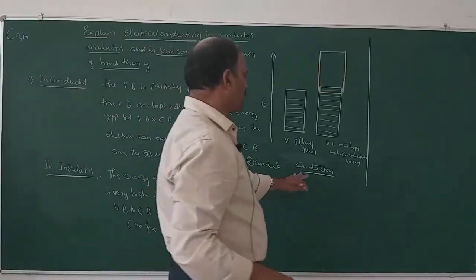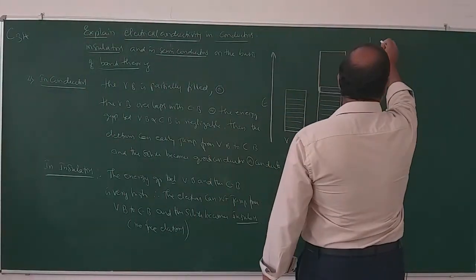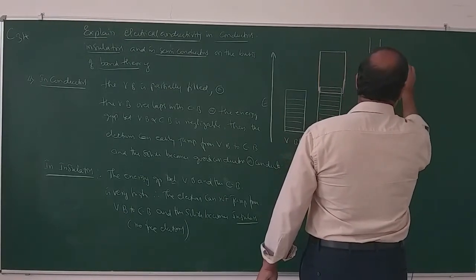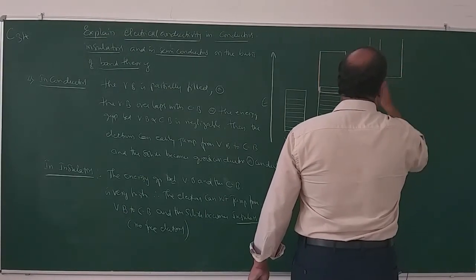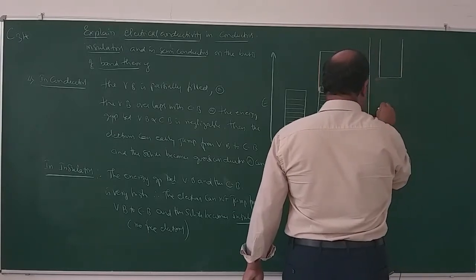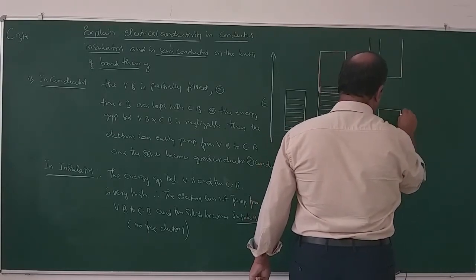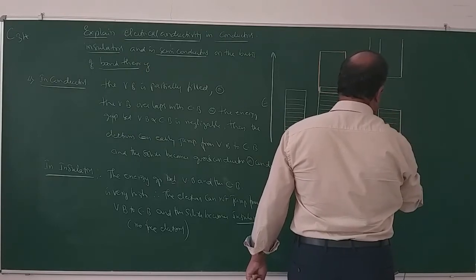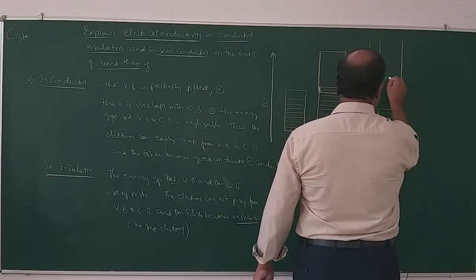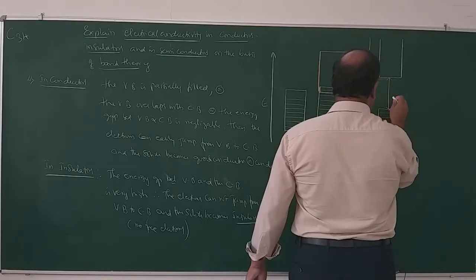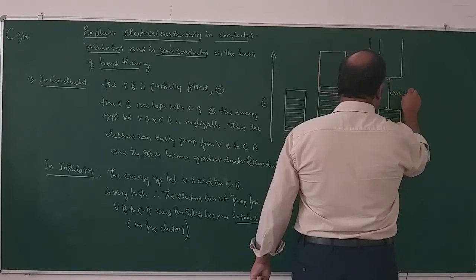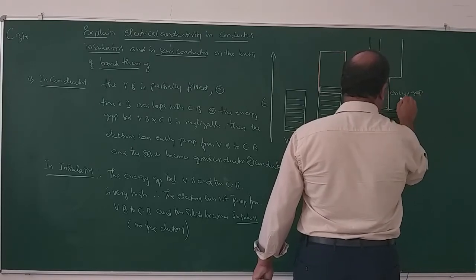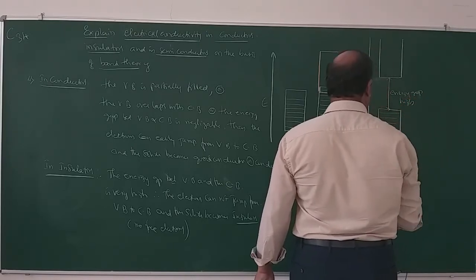So here in case of insulators, this is conduction band and this one is valence band. The energy gap or forbidden zone is high.